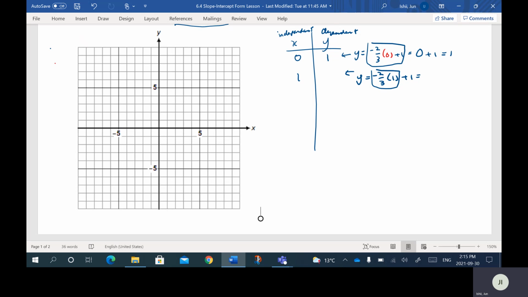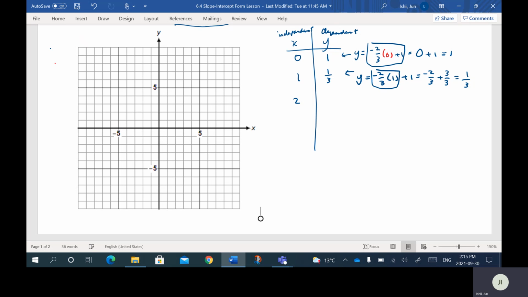So -2/3 times 1 is -2/3, and to that I need to add 1. I'm going to get a common denominator: 1 is the same as 3/3. When I add these together, remember, keep the bottom the same. -2 plus 3 is +1. So when x is 1, y is equal to 1/3.